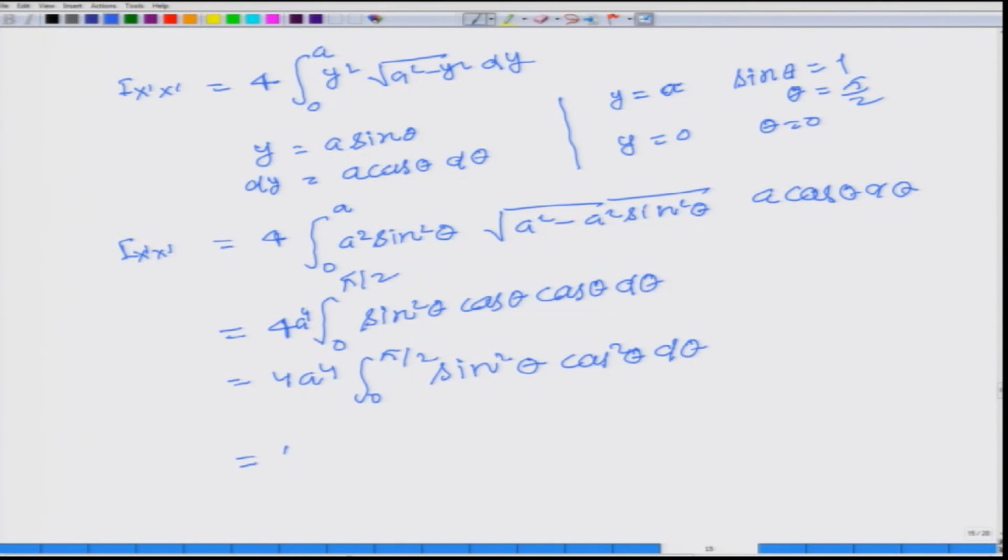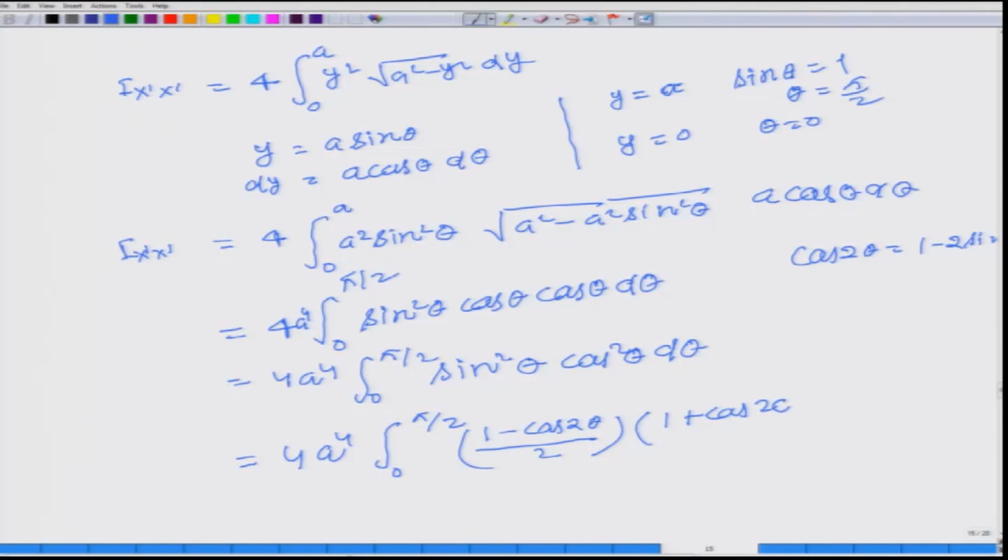So, this will be 4 a to the power 4 integration 0 to pi by 2. We can write this integration directly, because cos 2 theta equals 1 minus 2 sin square theta. In that way, we can write sin square theta as 1 minus cos 2 theta over 2, and cos square theta as 1 plus cos 2 theta over 2 d theta.